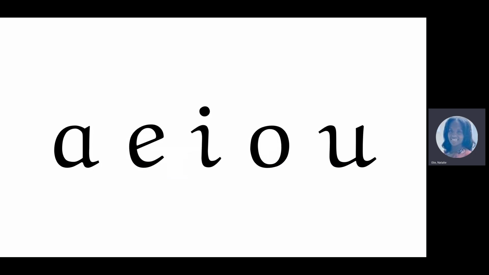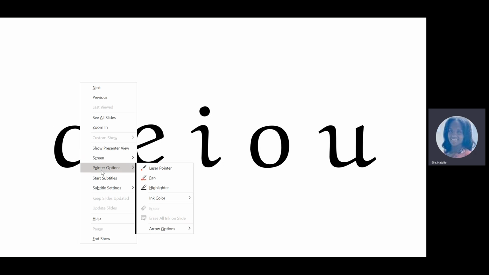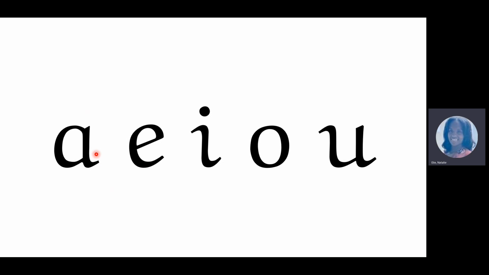All right, friends. Today we are going to be looking at how the magic E changes our vowels and makes them say the long sound. Here are our vowels: A, E, I, O, U. When a word has a magic E at the end, it will make these vowels say their own name.